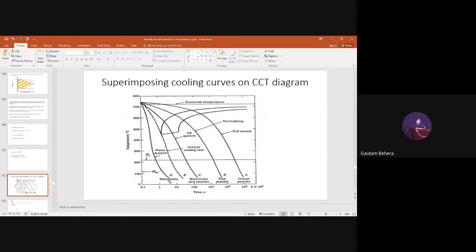What are the products? Your product is either perlite or martensite. Is there any cementite here? No, sir. So that means this is a eutectoid steel, right? You understand now? If it is a hypereutectoid steel, then this phase will be a combination of austenite and cementite, right? So I think your confusion is gone, right? If you have any other confusion, you can ask me right here.